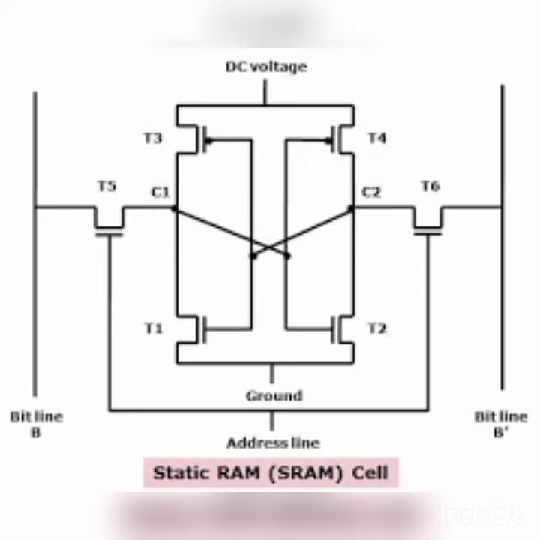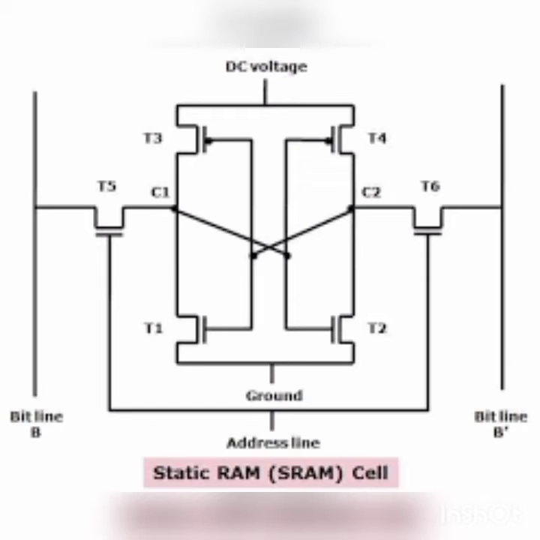The first 4 transistors, T1, T2, T3 and T4, are cross-connected in an arrangement that produces a stable logic state. In logic 1, the point C1 is high and the point C2 is low. In this state, T1 and T4 are off and T2 and T3 are on.